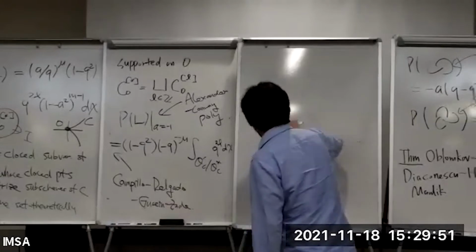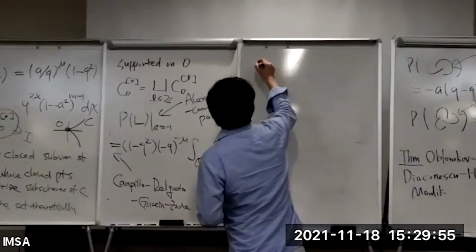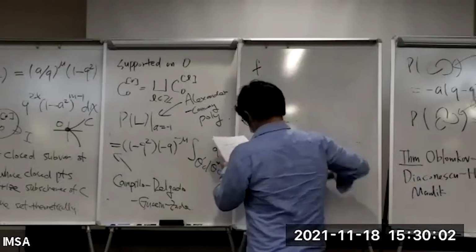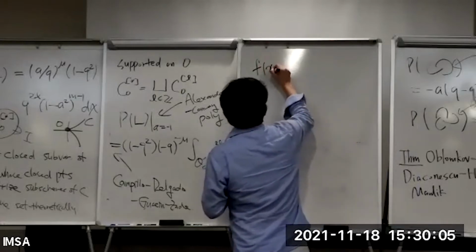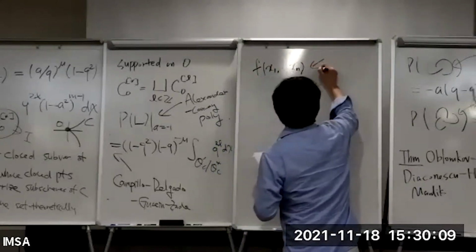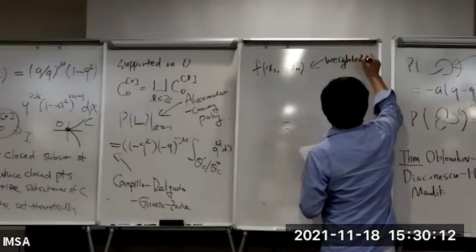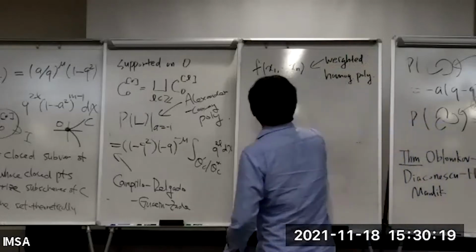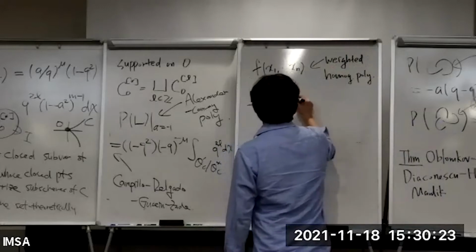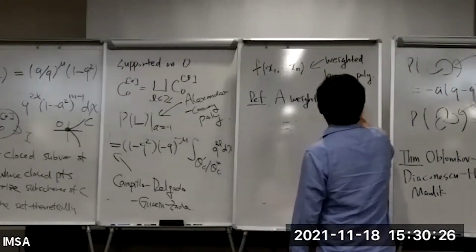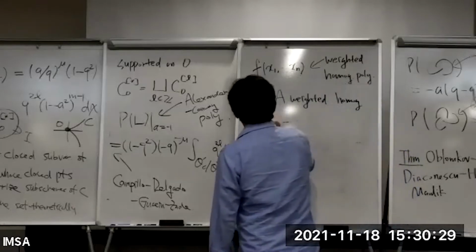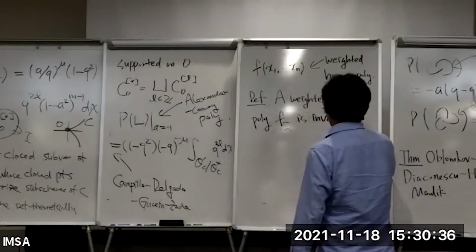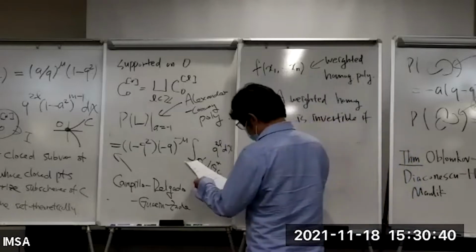So again, let f be a polynomial. A weighted homogeneous polynomial F is called invertible if it satisfies the following two properties.